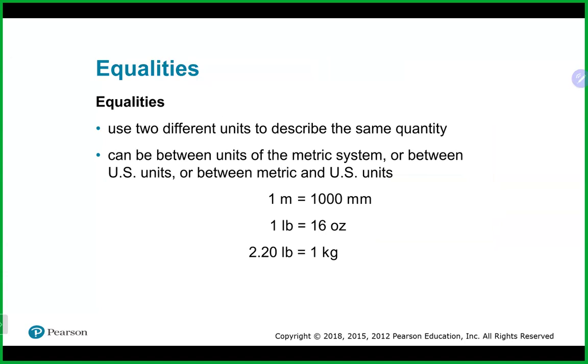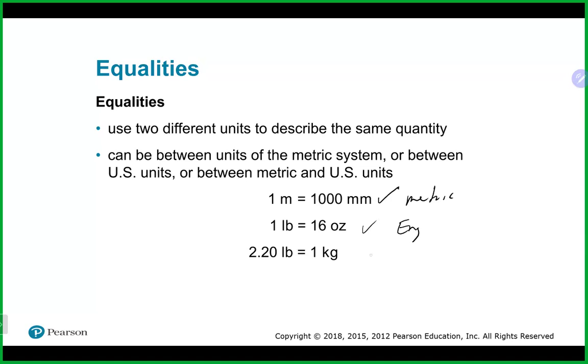We have our metric to metric conversion, which is considered an exact number. We also have our English to English conversion or equality, and that also would be considered an exact number.